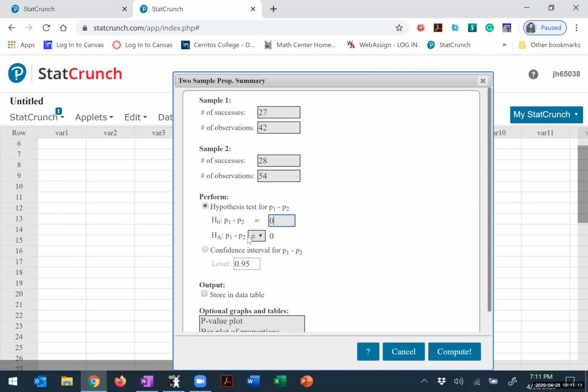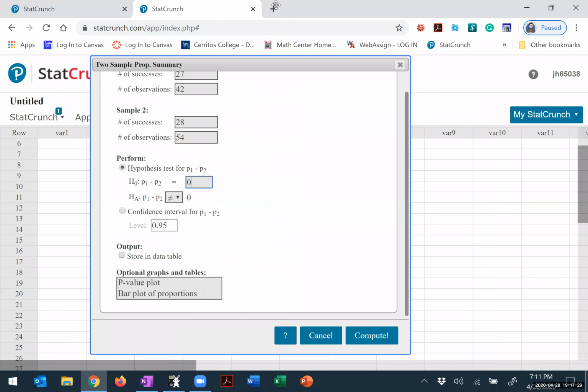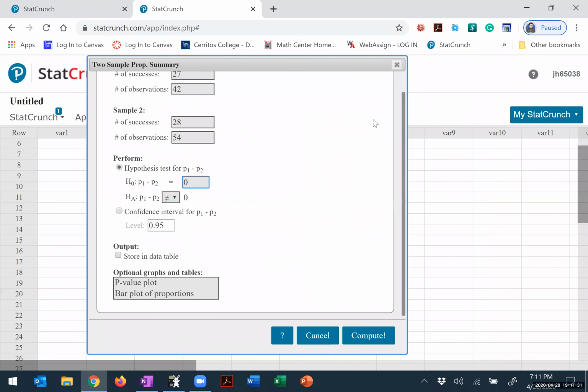P1 minus P2 is not equal to 0, that's what we wrote, which means there is a difference. And we just want to know what this is. So let's calculate the hypothesis test.